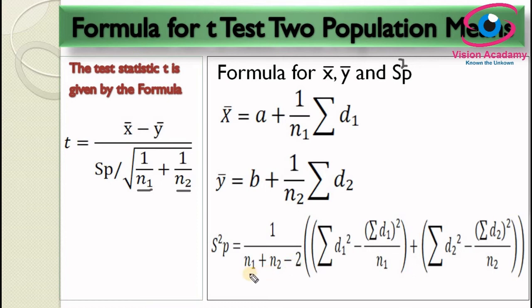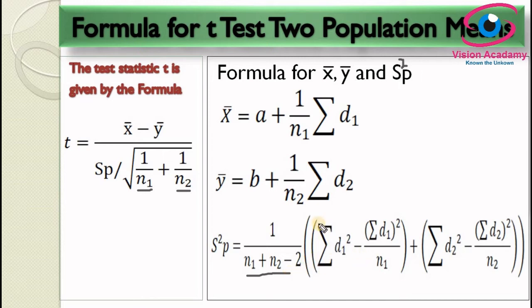So n1 is the sample size of the first population, and n2 is the sample size of the second population, minus 2. Since we are considering two populations, I subtract 2 from n1 plus n2. This is the way you will obtain the degrees of freedom also.